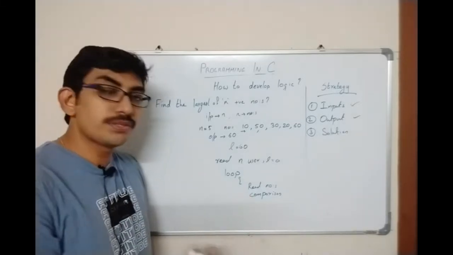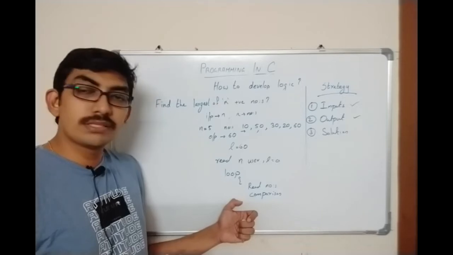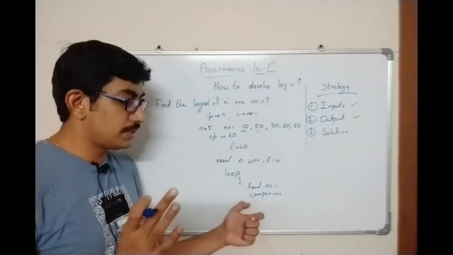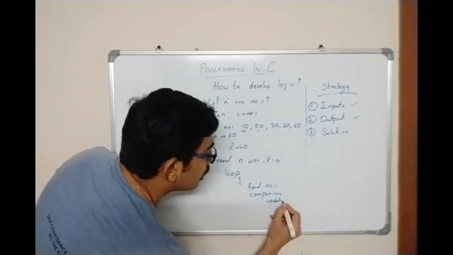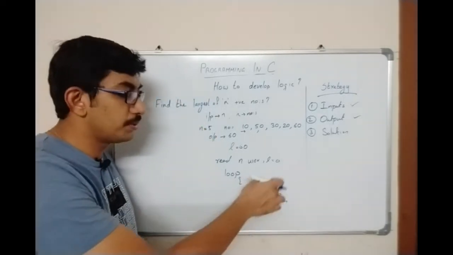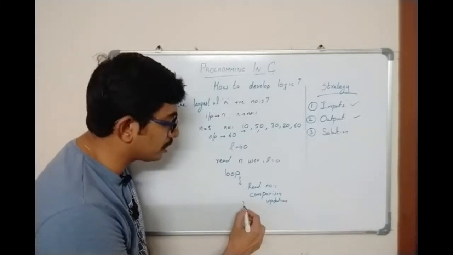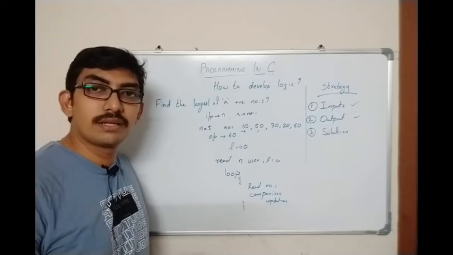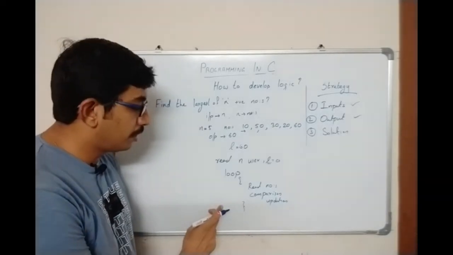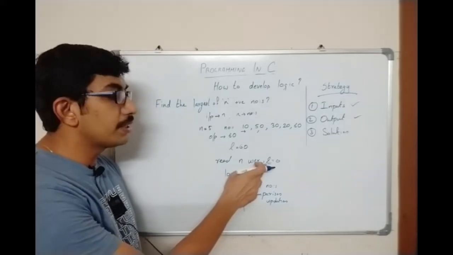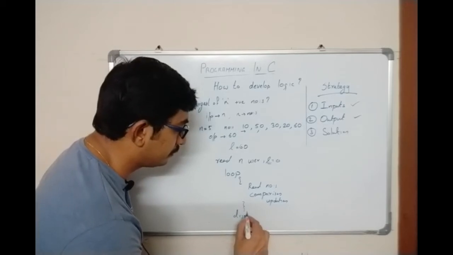So the comparison is also going to lie inside the loop, and after the comparison is done, if necessary, you will make an update to the number. Suppose the new number is larger, you will update the number in your mind. So these are the processes which are going to run inside the loop. So once you are done with the loop, you have the largest number in L. That's what you have in your mind. So you can display that value.